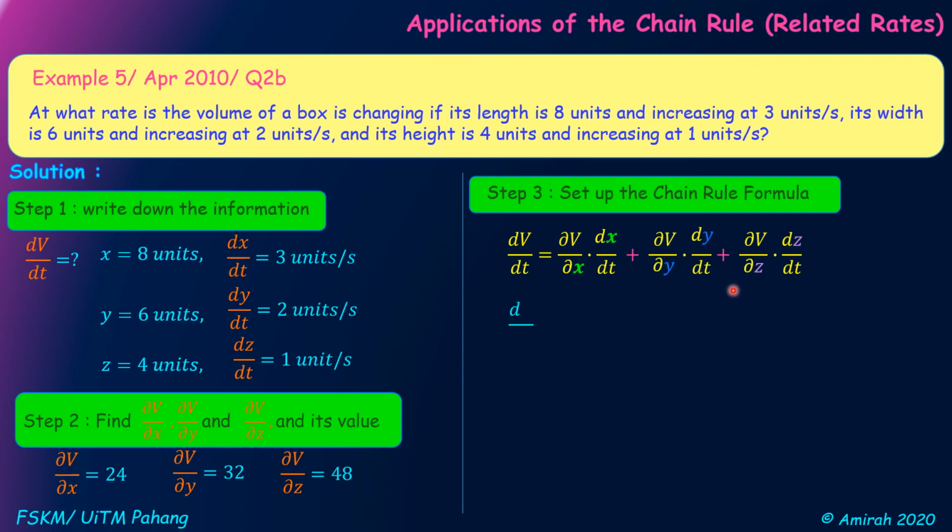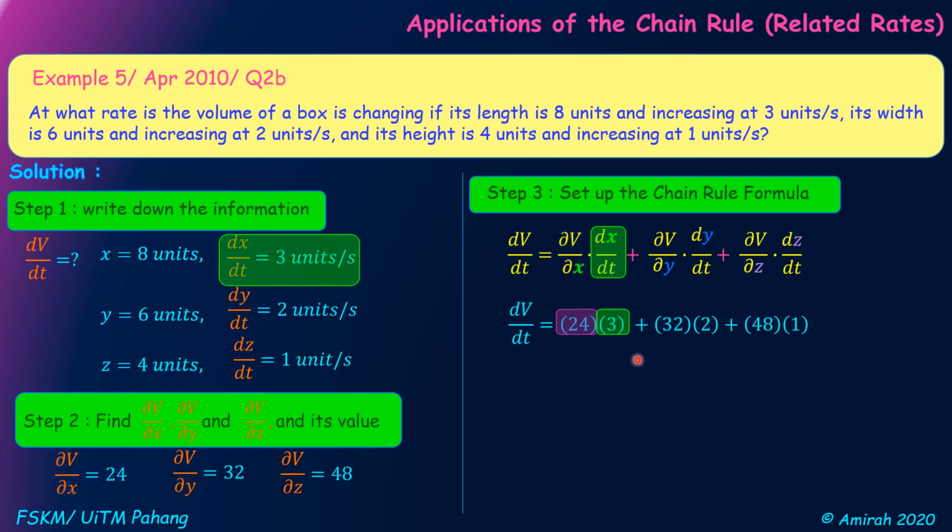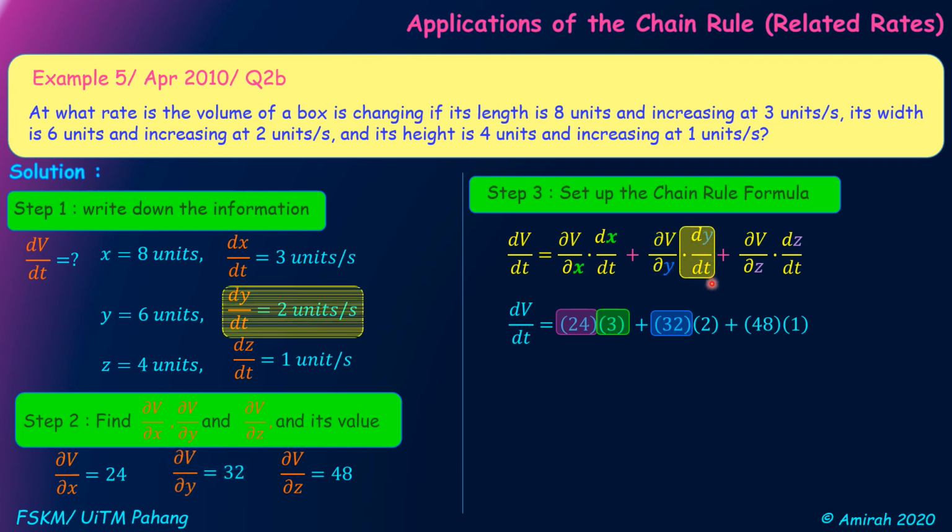Then dv over dt equals del v over del x, which we replace by 24, times dx over dt, which we replace by 3. Then del v over del y we replace by 32, times dy over dt, which we replace by 2.